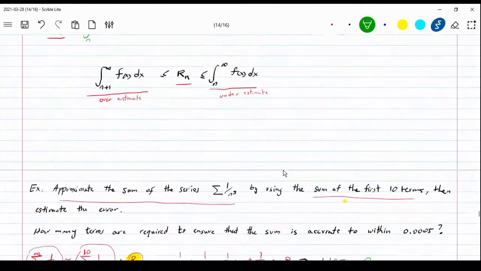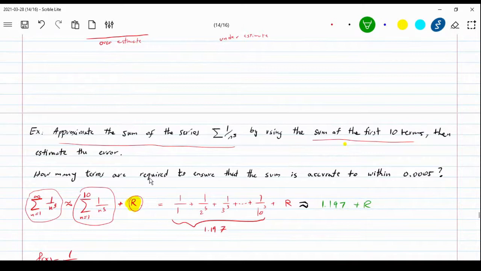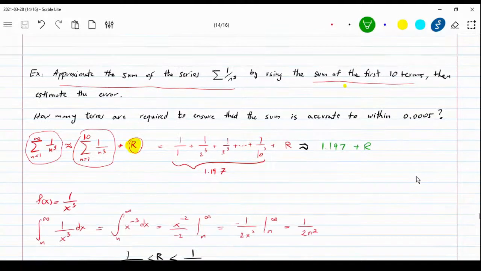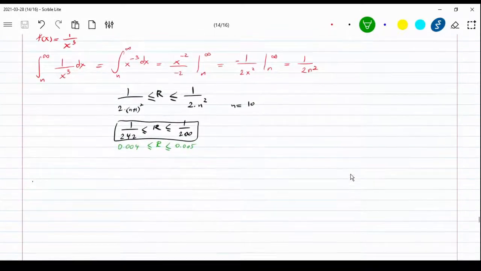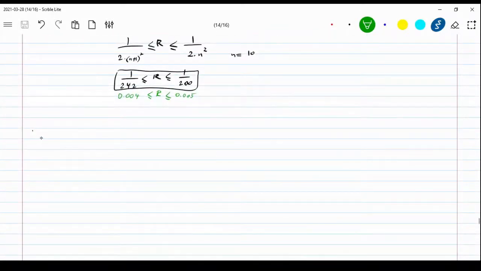There was a part B to this question. How many terms are required to ensure that the sum is accurate within the range of 0.0005? That tells you where the tail, which is the remainder, is less than or equal to 0.0005.